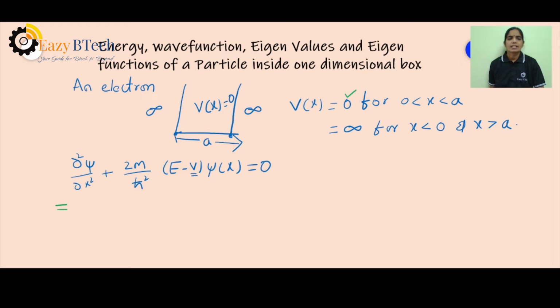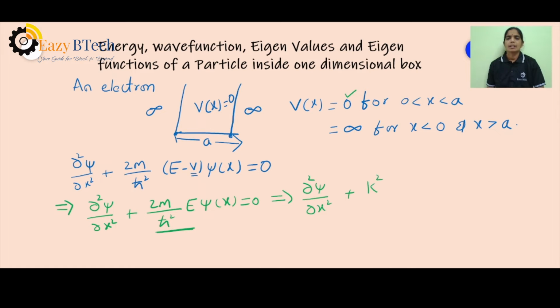In such a case, the equation reduces to del square psi by del x square plus 2m by h cross square E psi of x equal to 0. Rewriting this, assuming 2mE by h cross square as k square: del square psi by del x square plus k square psi of x equal to 0, where k square is 2mE by h cross square.